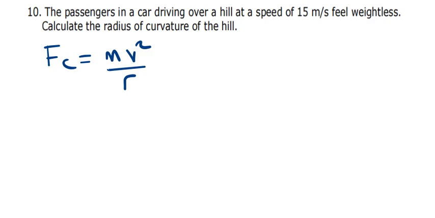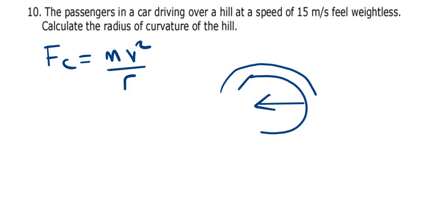The passenger in a car driving over a hill at a speed of that, calculate the radius of the curvature of the hill. If, let's say, this is a curvature and it's going, we're trying to find the radius.